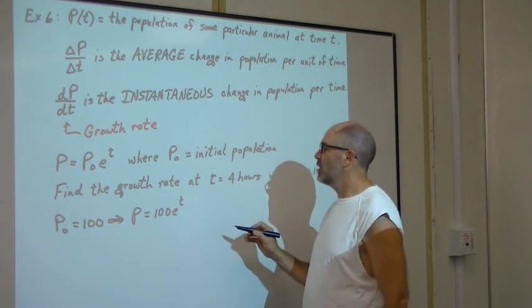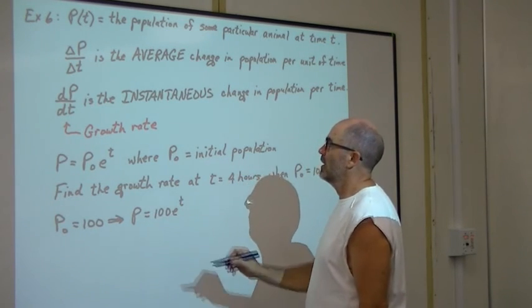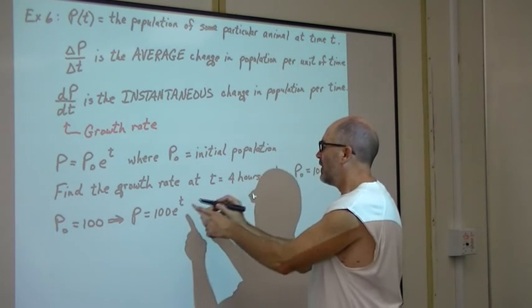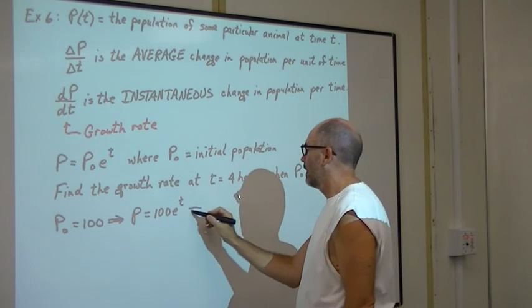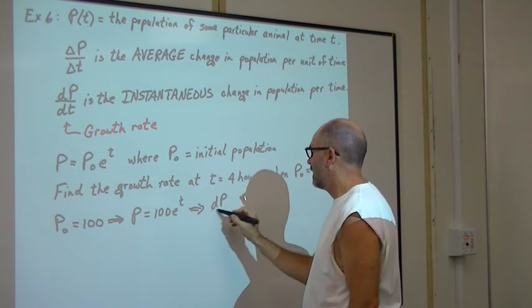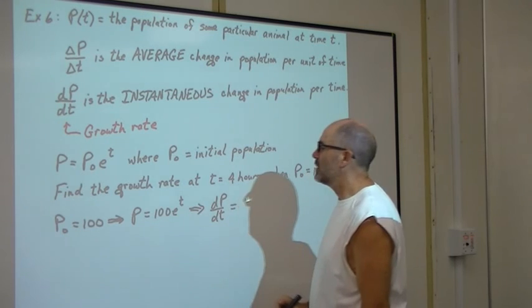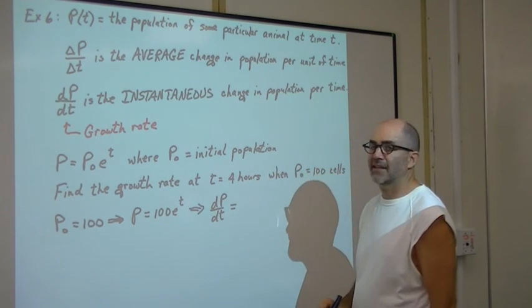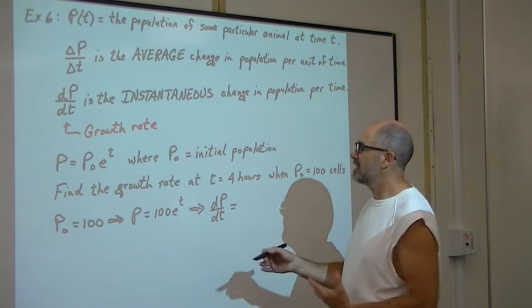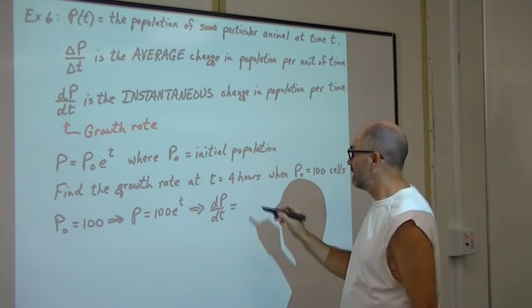What you want to do is take the derivative of population, dP/dt, with t in there. The derivative of 100e to the t? Well, the derivative of e to the t is e to the t, so the derivative of 100e to the t is still 100e to the t.